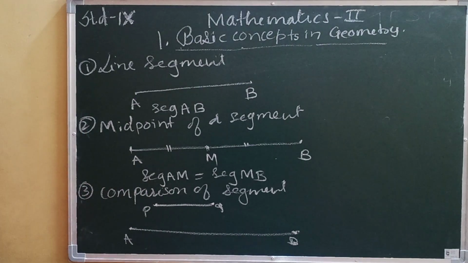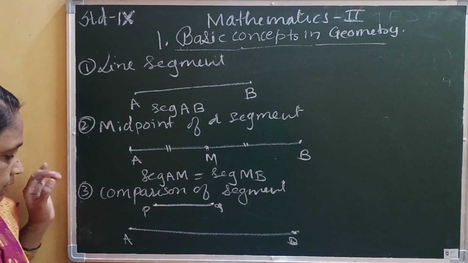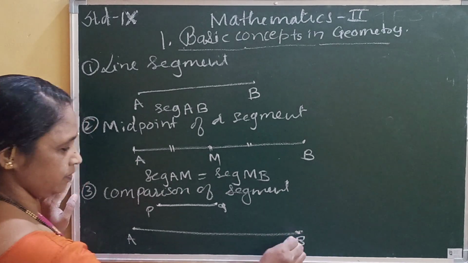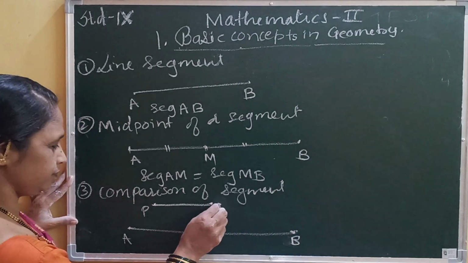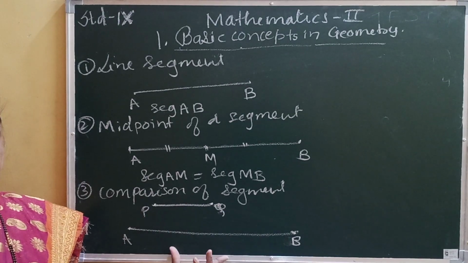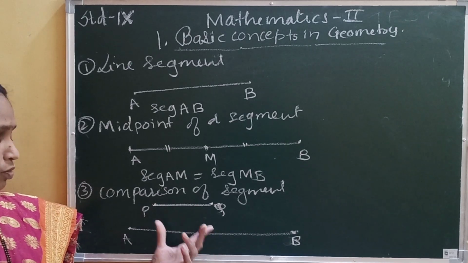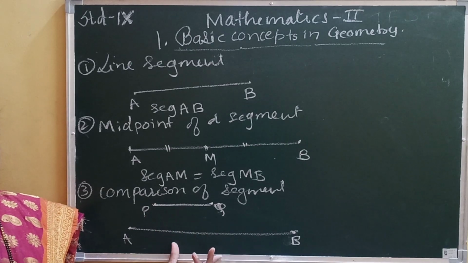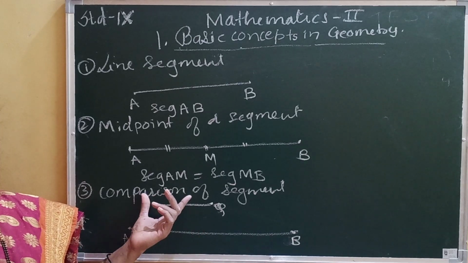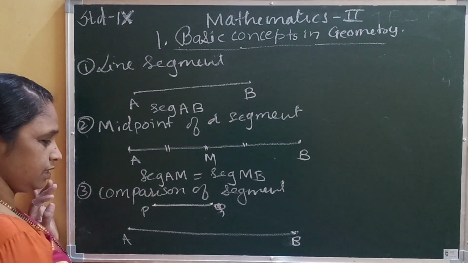Now what can you say? Segment PQ is smaller than segment AB. So we are doing the comparison of them. Or you can say, segment AB is greater than segment PQ. So how will we say this?